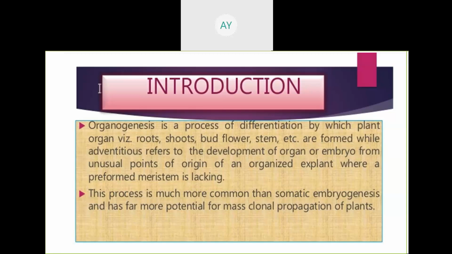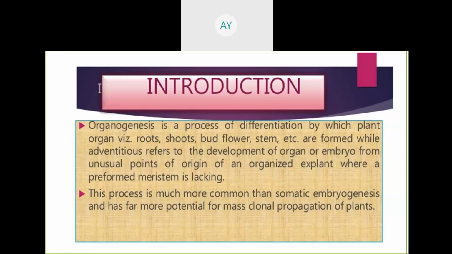We are utilizing the somatic cell, not the reproductive cell, to develop a root portion, a shoot portion, a flower bud, or a stem portion as per the changing hormonal concentration. What hormones? Auxin and cytokinin. If you utilize a high concentration of cytokinin, stem formation; a high concentration of auxin, root formation.